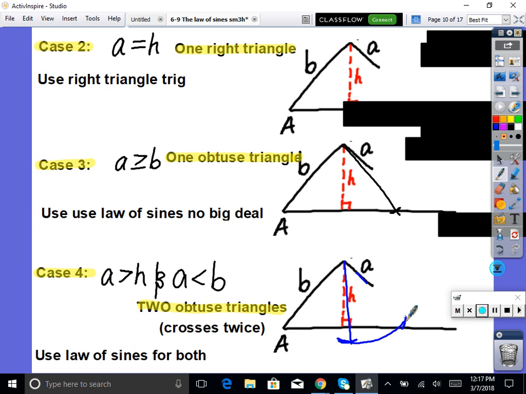You see how I always start down at the bottom and work backwards? And if I swing it, it's obviously going to cross right here if it's shorter than B. So we have that triangle, and we have our first triangle, which was like this. If you need to take a picture of that, you can. If you're understanding it, seeing it is the big thing, because I don't like to memorize this. I think about it.